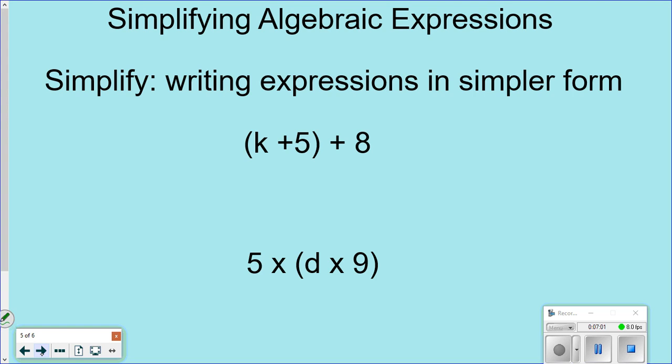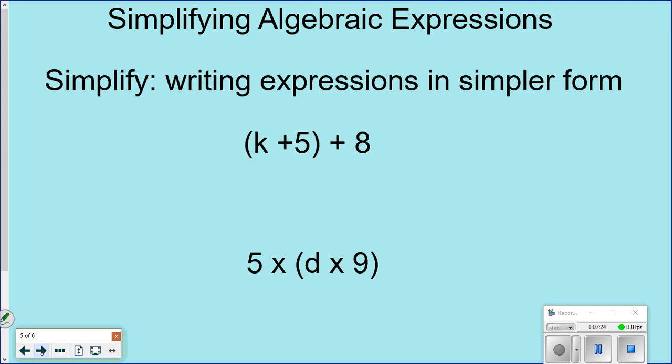Okay, the last thing you're going to have to do today is simplify algebraic expressions. Simplifying is writing expressions as simply as possible. So today you don't have to evaluate, you just have to write the expression in the smallest possible form using the properties that we talked about today. A lot of times you're going to find the two things that you can put together.